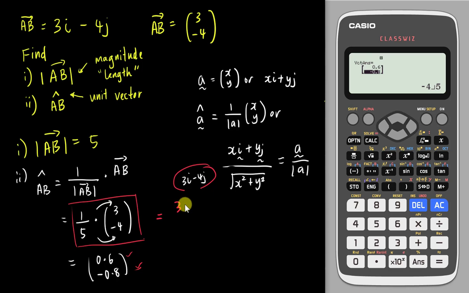They will do something like 3i minus 4j over 5, and then simplify it to 3 over 5 i minus 4 over 5 j. If you leave it like this, it's still fine, because you just need to change each of them into a fraction: 3 over 5, and then go down, press the S to D button to change to negative 4 over 5. The top one is for your i, and the bottom one is for your j. I find this function quite useful for you to double check whether your unit vector value is correct or wrong.